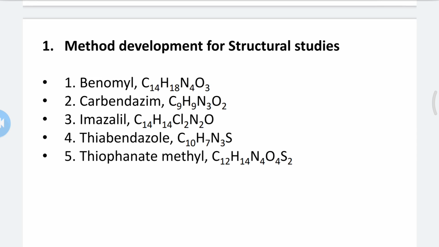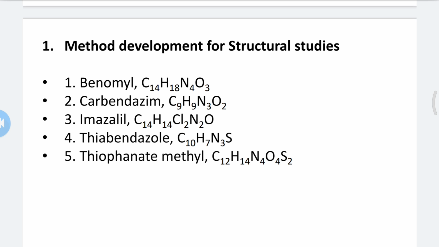First is binomyl fungicide, second carbendazim, third imazalil, fourth thiabendazole, and fifth thiophanate methyl.